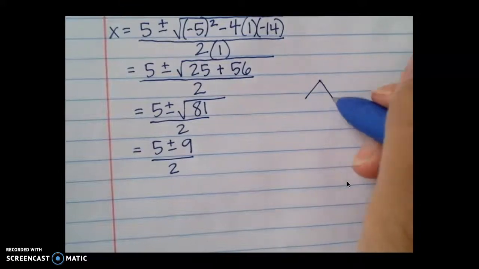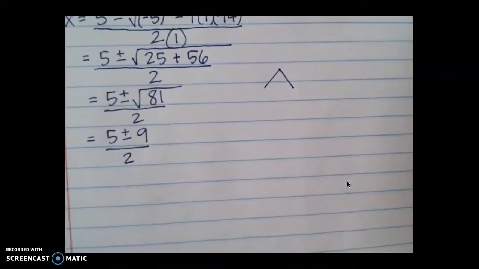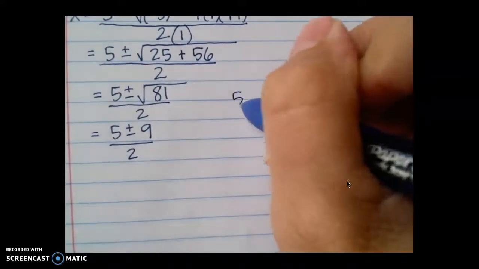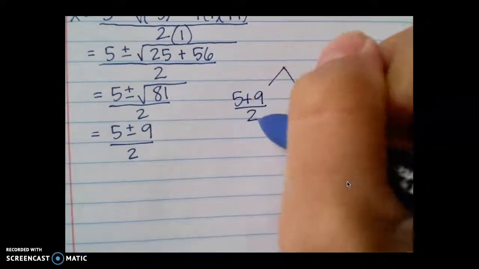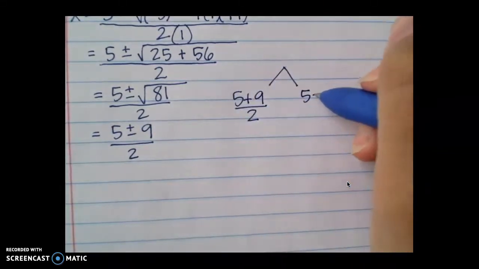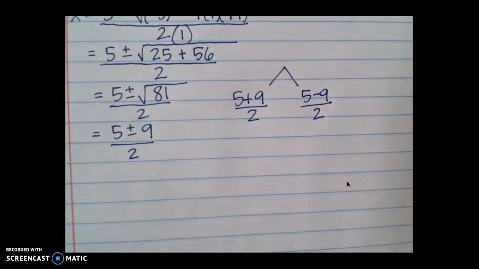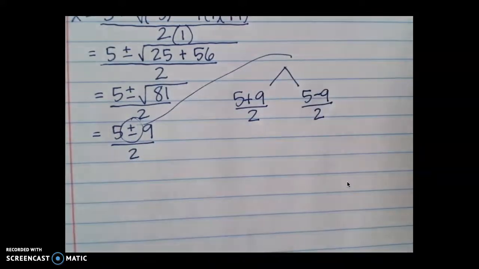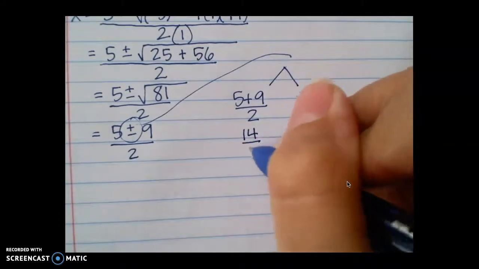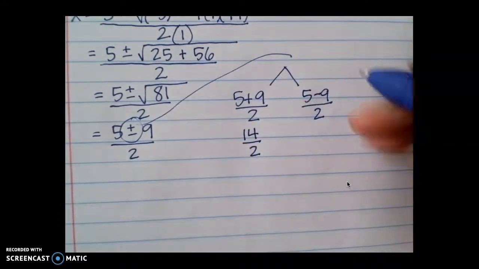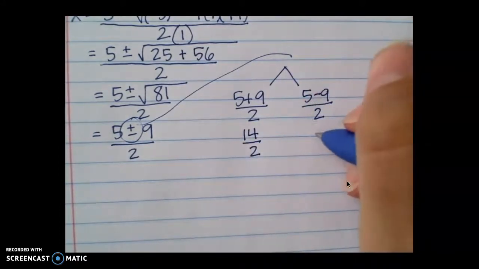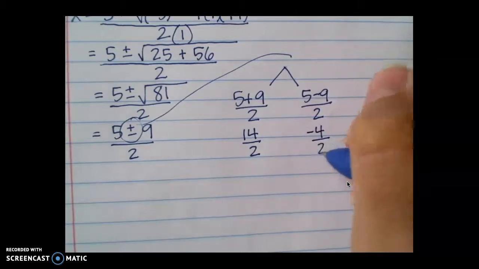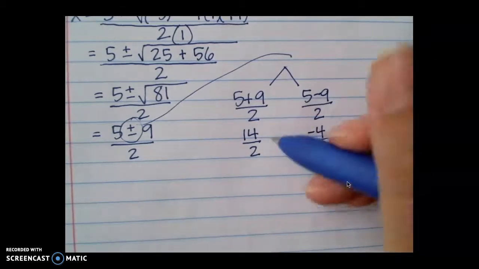So I am just going to separate that out over here because I'm out of room. I'm going to do one that's 5 plus 9 divided by 2, and one that's 5 minus 9 divided by 2. See how I just took this symbol and made it into 2 separate problems. So I've got 5 plus 9, which is 14, divided by 2, and I've got 5 minus 9, oh gosh, it's been a while, negative 4, is that right? Divided by 2, and you're just going to solve both of these problems.